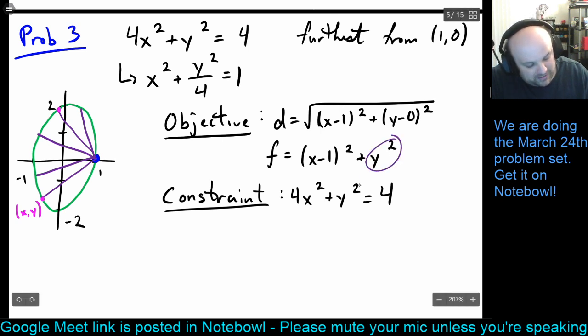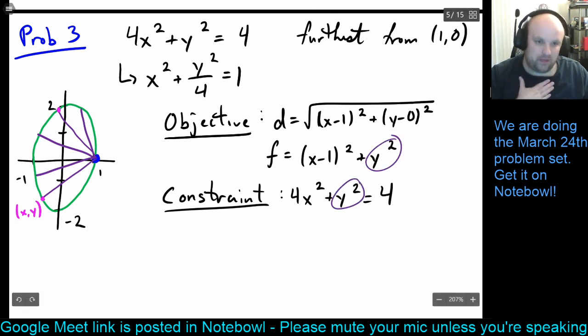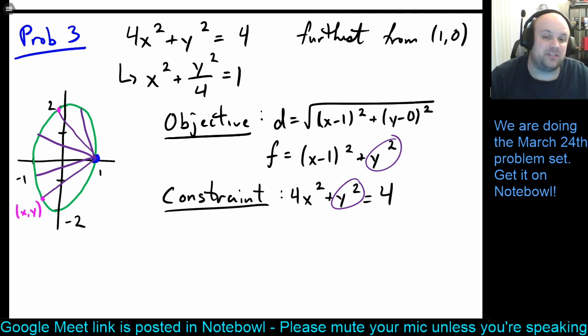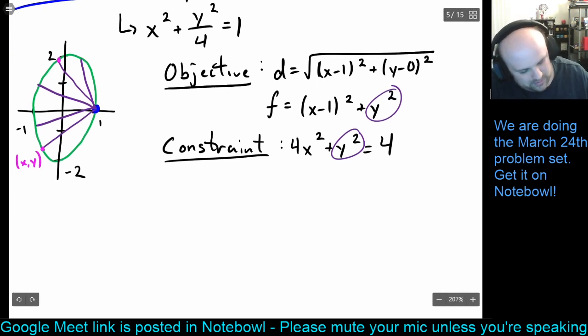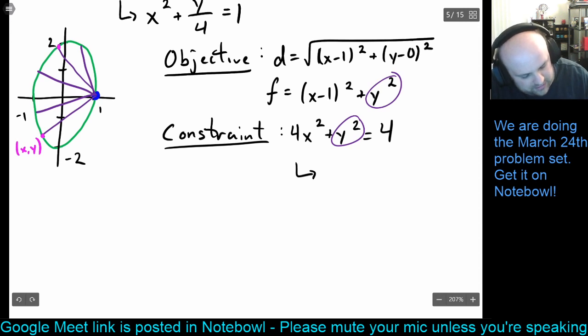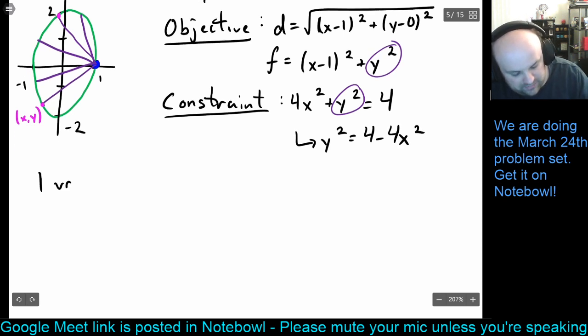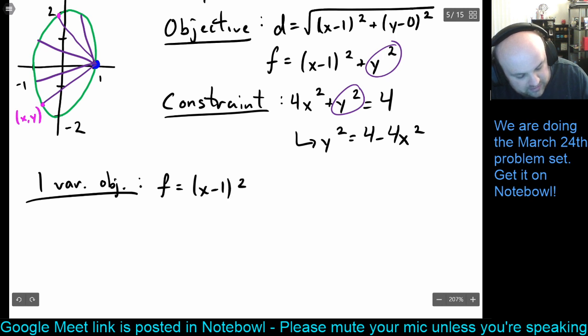But here I have a y squared, here I have a y squared. So I don't have to solve for y, I can just solve for y squared and drop that into the objective function. If I solve for y squared here, I get 4 minus 4x squared. And so my one variable objective is going to be x minus 1 squared plus, pop this in, 4 minus 4x squared.